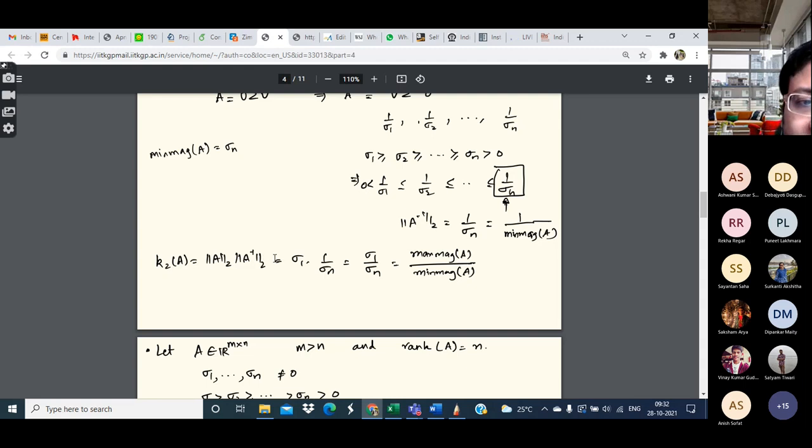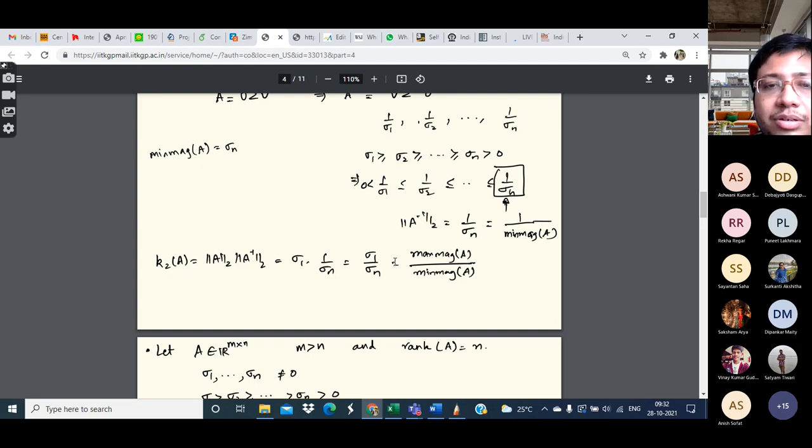And as you can understand, the 2 norm of A was of course its largest singular value, which is sigma 1, and the 2 norm of A inverse will have to be the largest singular value of A inverse, which we have just identified to be 1 by sigma n, right? So the condition number of the matrix A is equal to sigma 1 by sigma n.